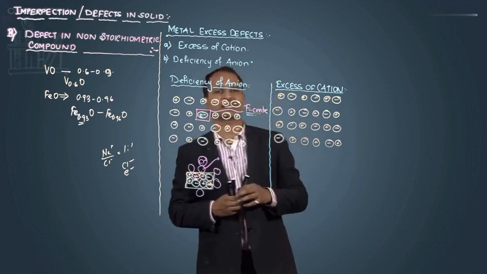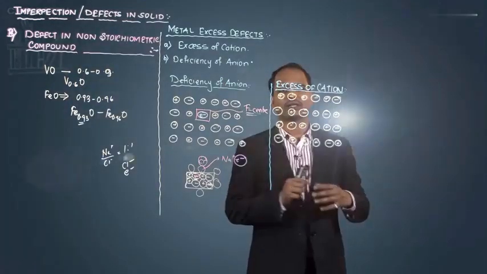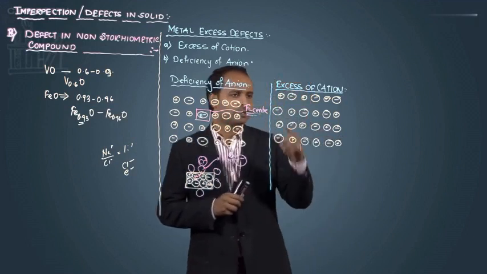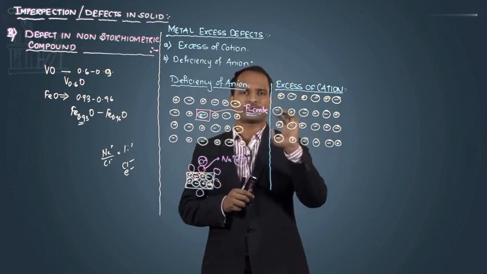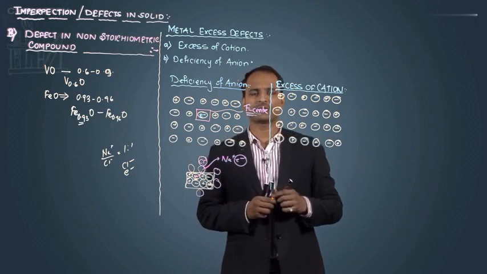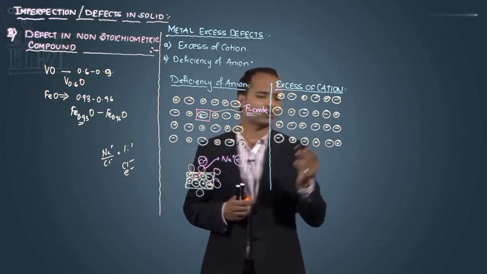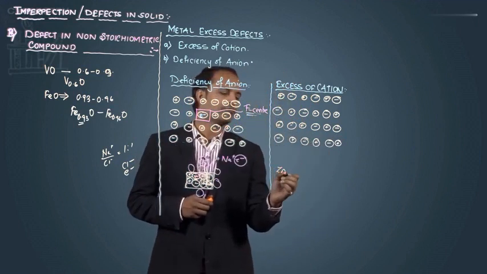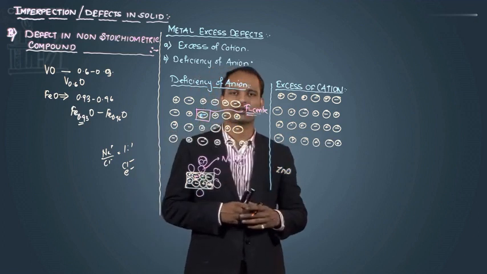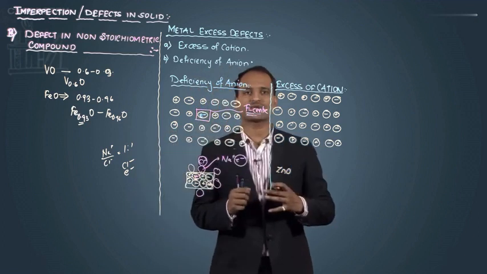For example, suppose this is zinc oxide, where zinc is a cation and oxygen is an anion, and they are in the ratio of 1:1.